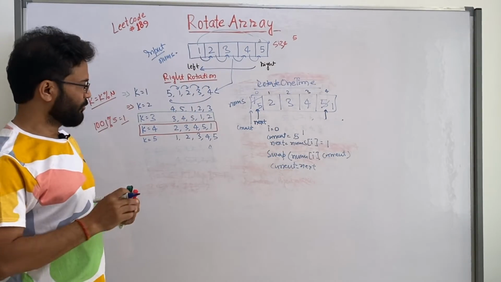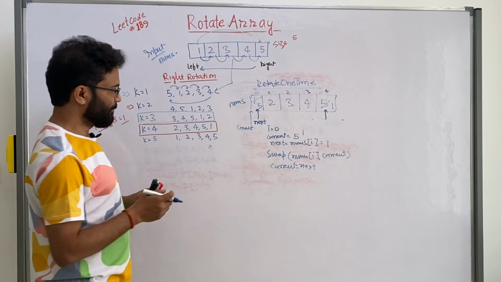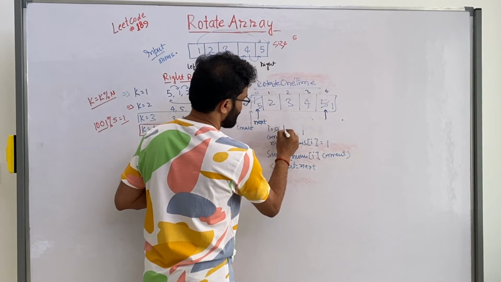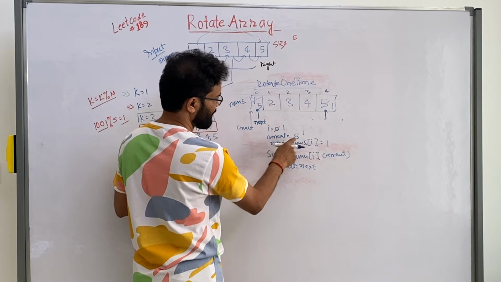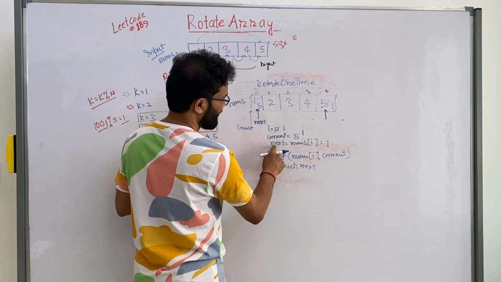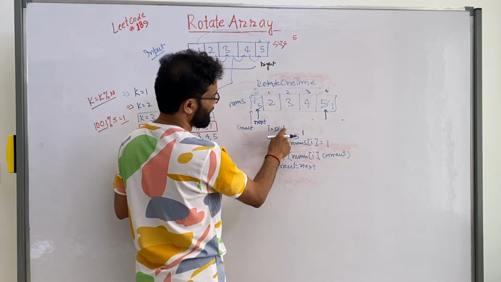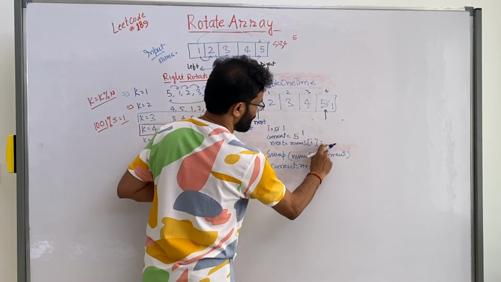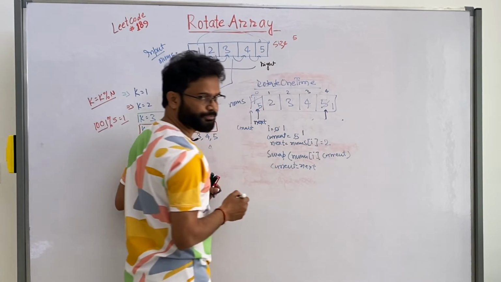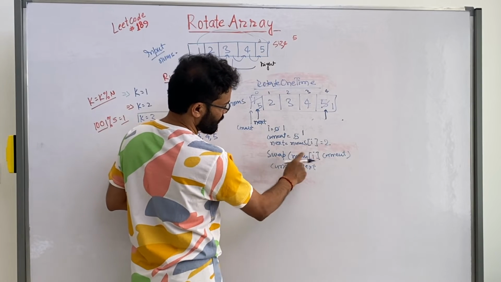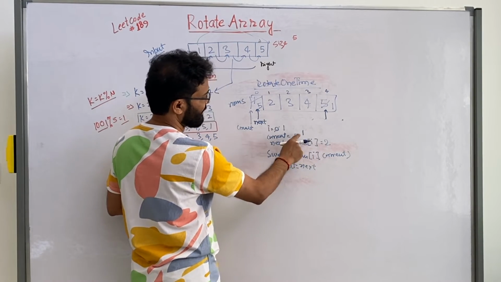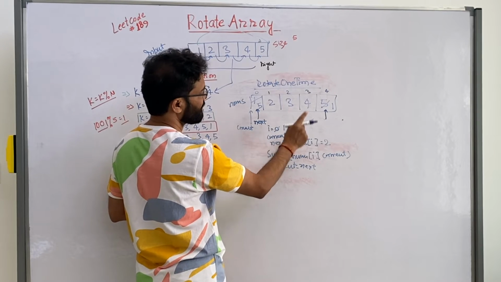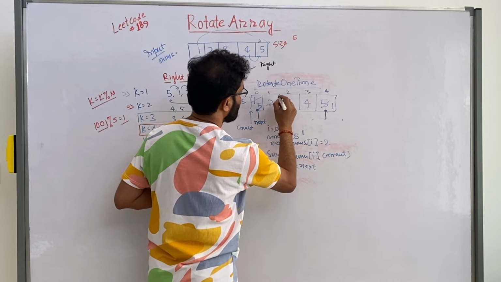One rotation, I is equal to 0, complete. Now make I equal to 1. So now the current is equal to 1. Next is equal to nums I, nums 1 is 2. So this becomes the 2. Now you have to swap nums I, means this 2 and the current which is equal to 1, right? So it will become the 1.